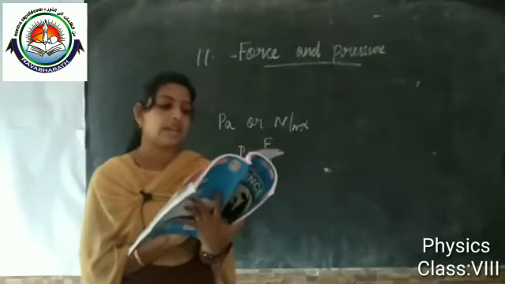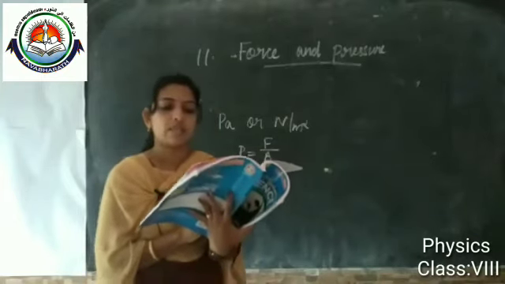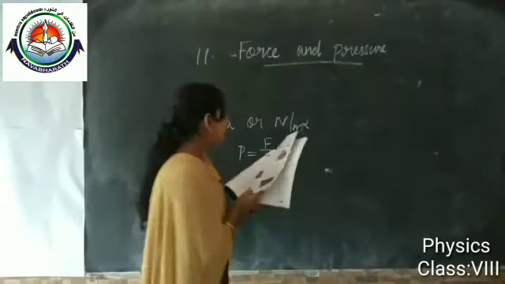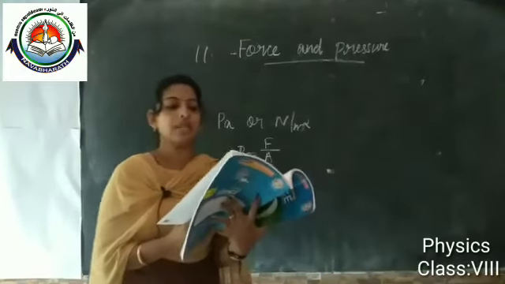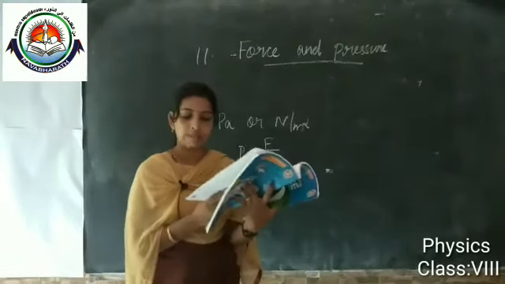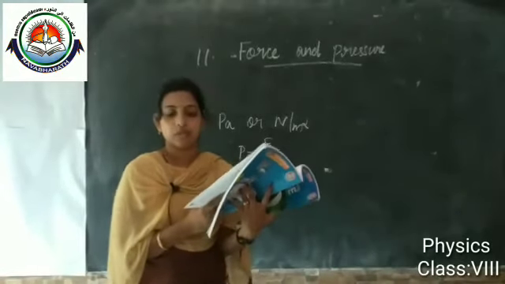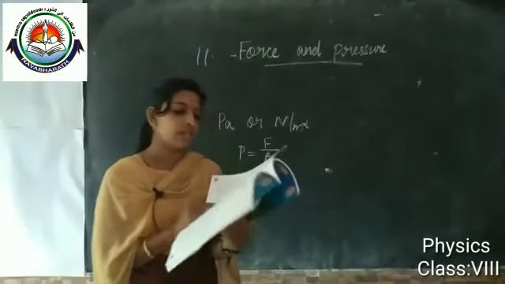And second one, give reasons. Option A, school bags are provided with wide straps to carry them. In all these things, the basic idea is pressure is equal to force upon area. So for school bags, page number 123, fifth point, you can choose for it.